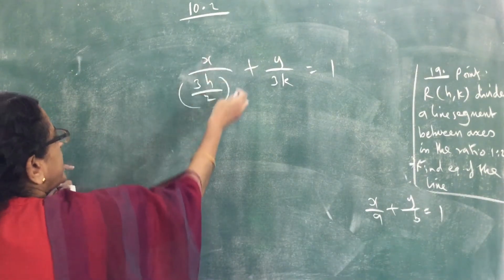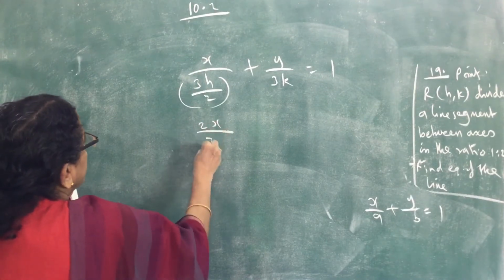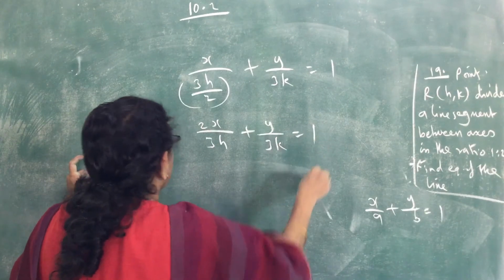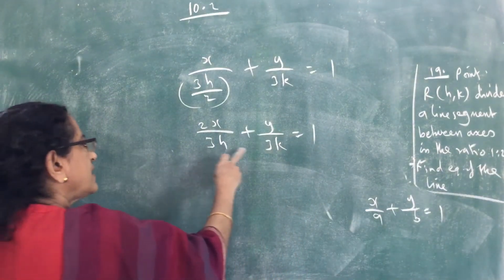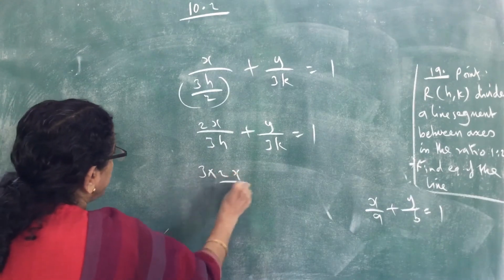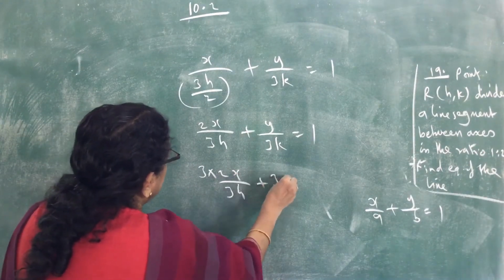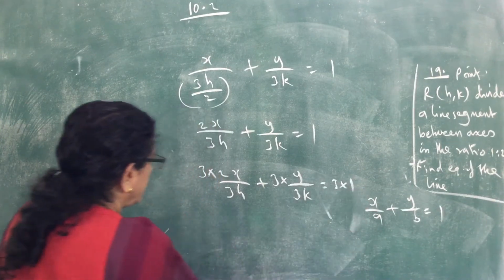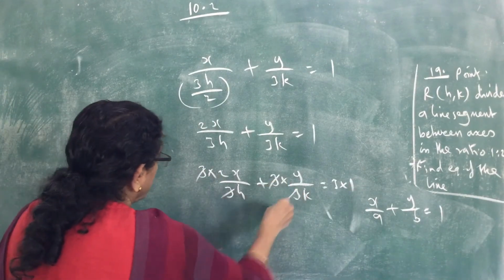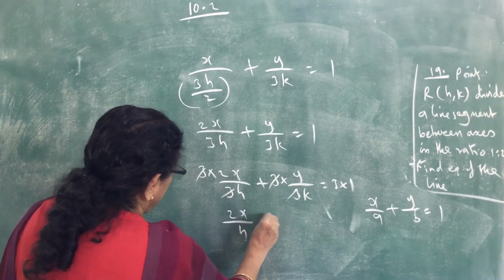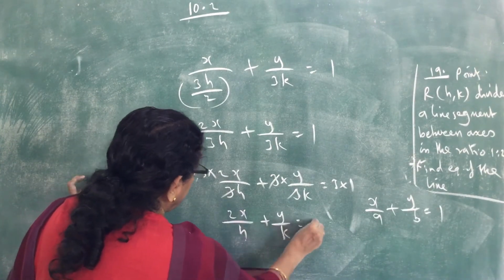Taking the 3h by 2 to the numerator, 2x by 3h plus y by 3k equal to 1. We can multiply by 3 to cancel the 3: 3 into 2x by 3h plus 3 into y by 3k equal to 3 into 1. So this 3 cancels, and we get 2x by h plus y by k equal to 3.